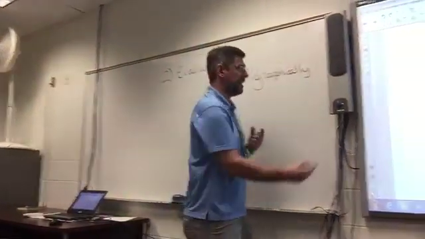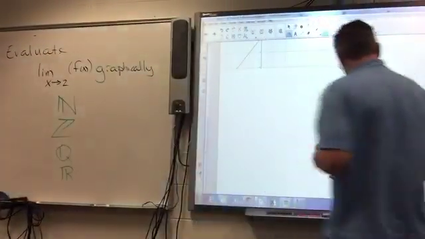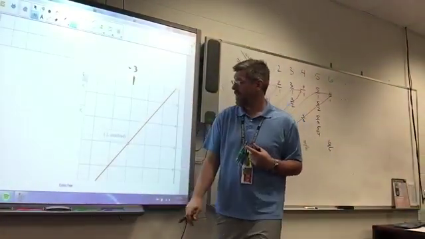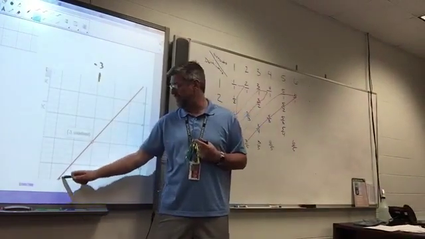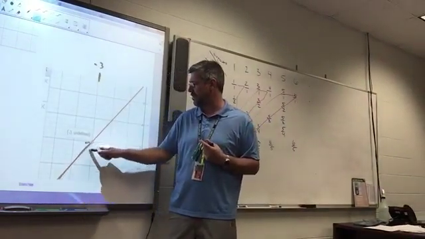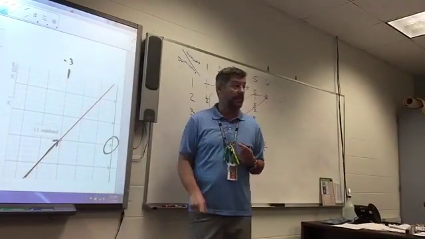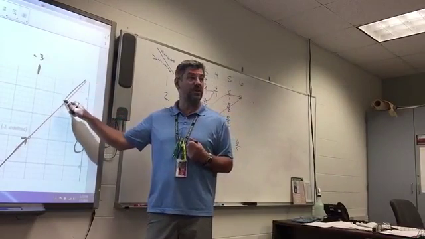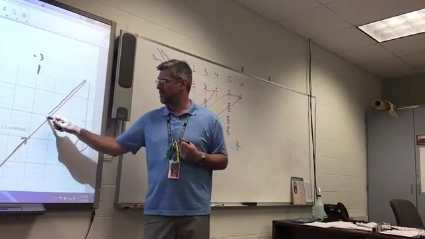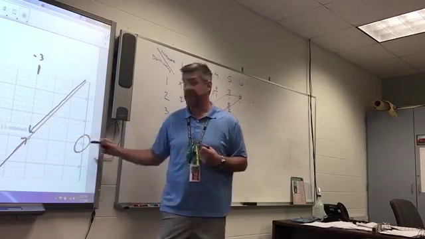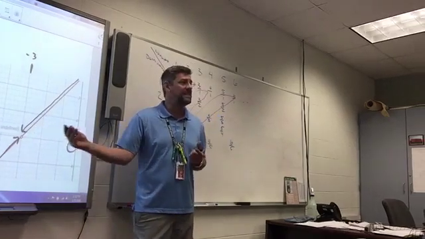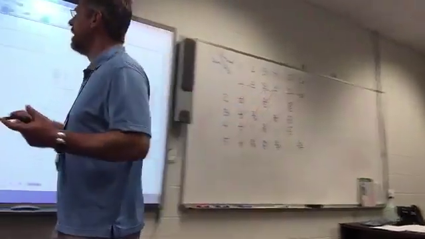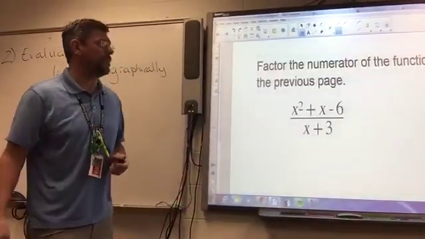To evaluate this graphically, I look at this function as x approaches, and this line right here is -3, right? But as x approaches -3 from this direction, what's my function getting close to? It's getting close to -5, right? Now, as I go towards x equals -3 this way, what's my function getting close to? -5. So what's my limit as x approaches -3? It's -5, right?